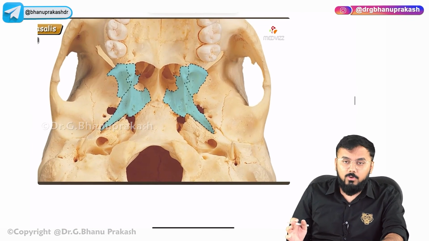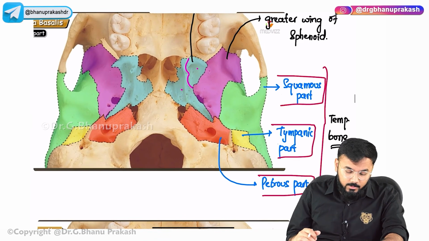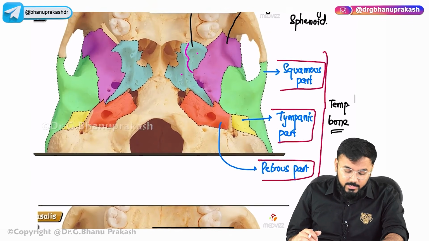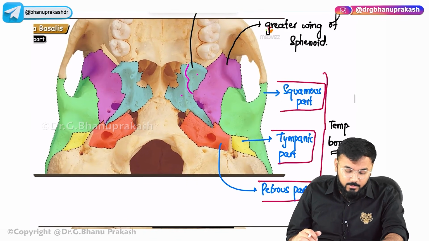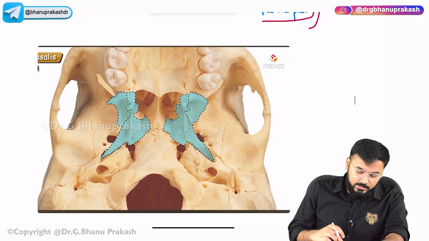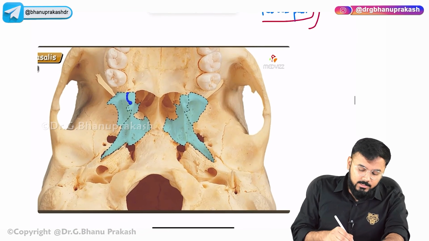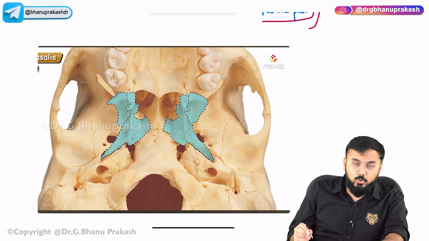If you look at the next picture, you will understand. Compare this with this. Where are the lines I have drawn in between? These are the lines over here, so it is divided into two parts.